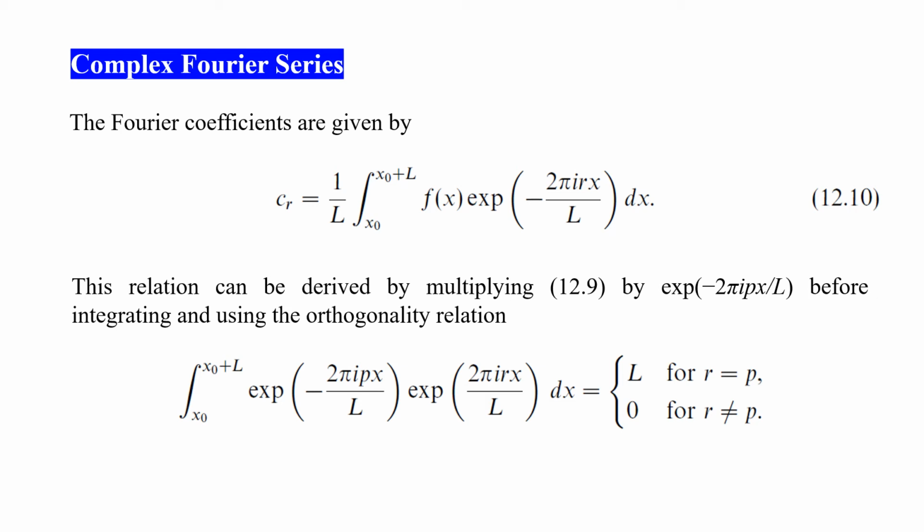The Fourier coefficients are given by the following. So the Fourier coefficient that we need to find is your c_r. c sub r is equal to 1 over L times the integral of f of x exponential negative 2 pi i r x over L dx, integrated from x naught to x naught plus L. And this relation for your Fourier coefficient c_r can be derived by multiplying your equation 12.9, which you have seen earlier, by the exponential of negative 2 pi i p x over L before integrating and using the following orthogonality relation.